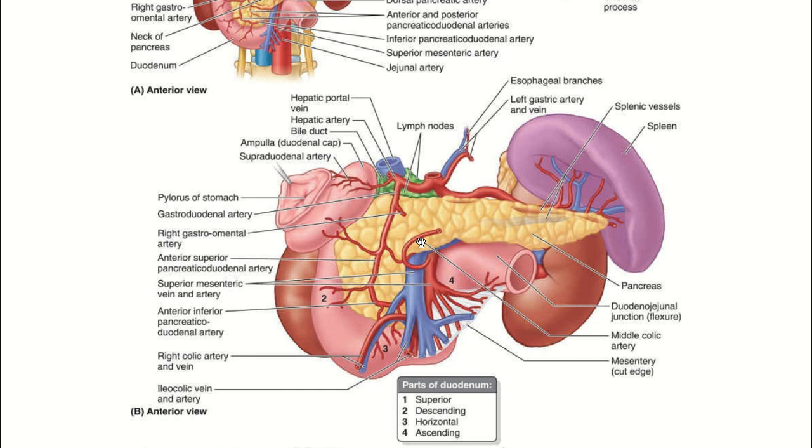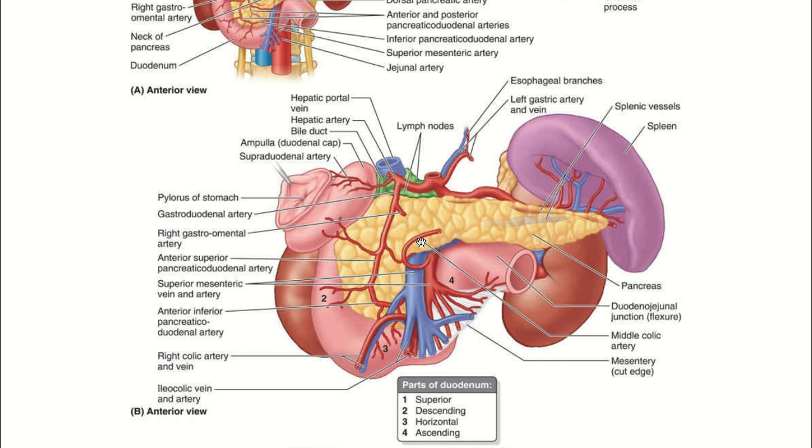Right. And as for the lymph vessels, remember embryologically the duodenum comes from the foregut and the midgut. So the lymph via the superior pancreatical duodenal arteries will drain into the celiac lymph nodes, and those via the inferior pancreatical duodenal artery, which is a branch of the superior mesenteric artery, will drain into the superior mesenteric lymph nodes.